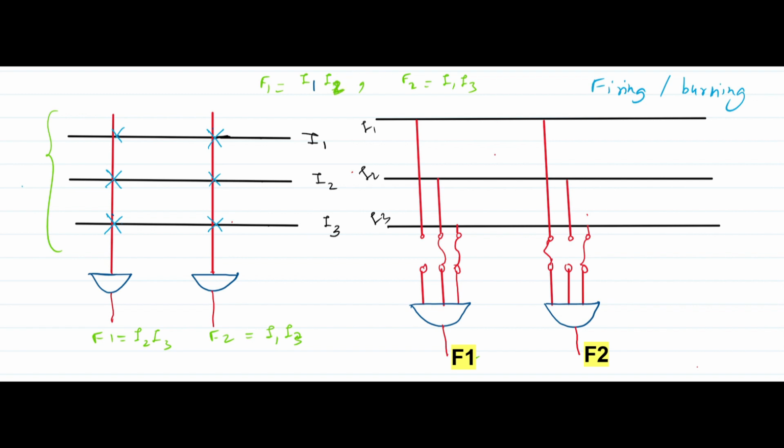Then what we will do here, we will keep I1, we will keep I2, but we will remove this connection I3, and F2 is suppose I1 I3 only. So this is how we do the connection to get output.